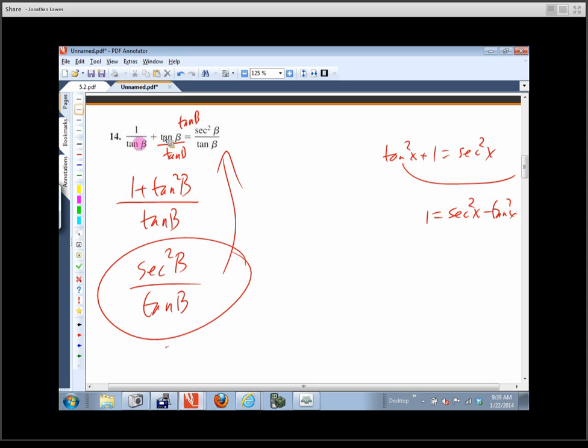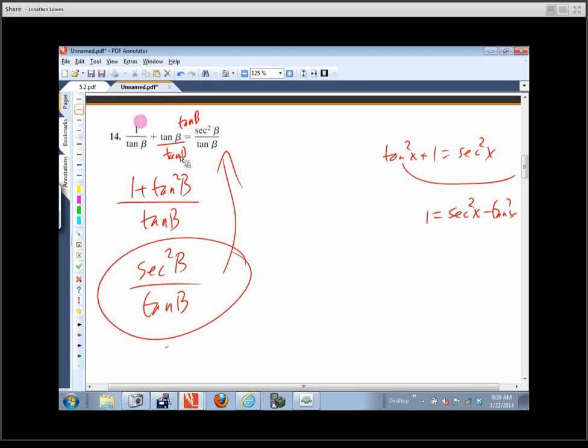Just get a common denominator, and we're done in 2 steps. Are you going to see the exact best way to do it every single time? Nope. So it's a lot of practice in seeing what to do.